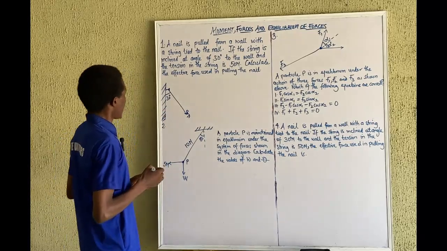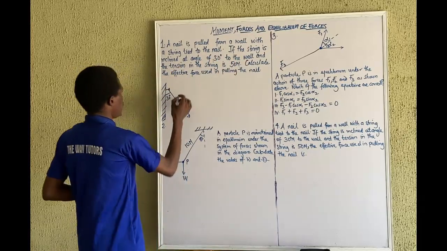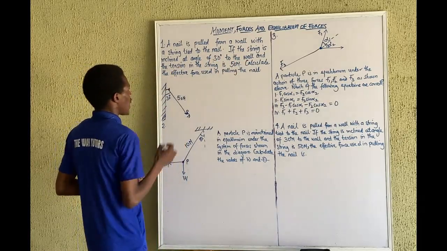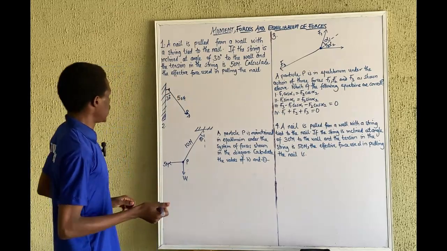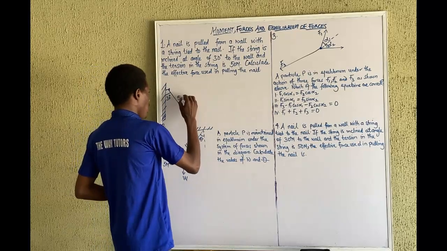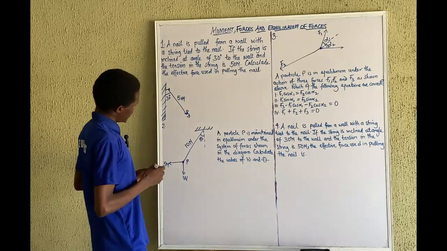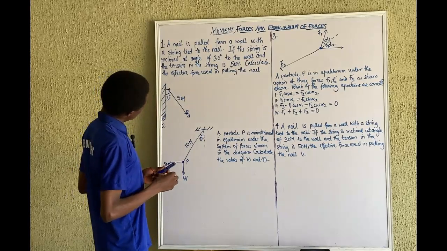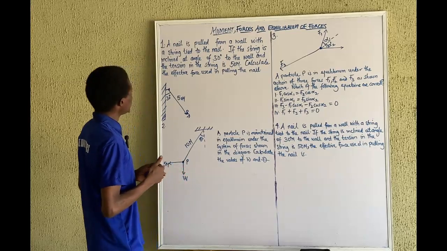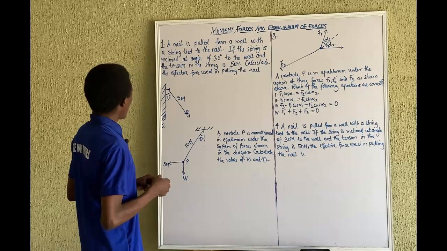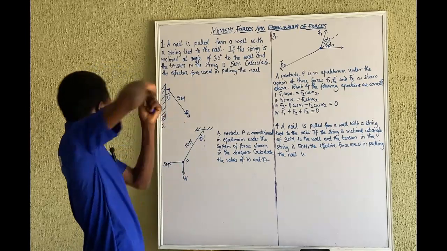And the tension is 50 Newton. Calculate the effective force used in pulling the nail. That means we want to know the amount of force that will pull the nail out.